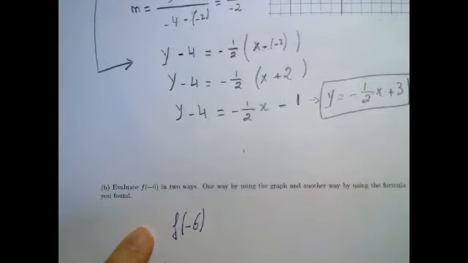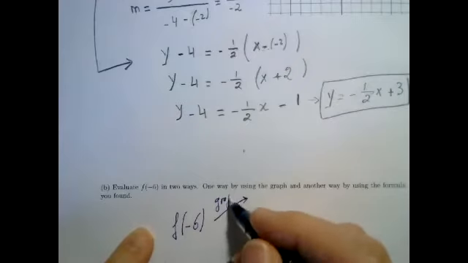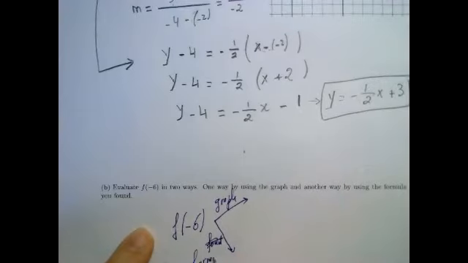I want it to be done in 2 ways. One, using the graph, and one using the formula I found. And I should get the same answer. If I don't get the same answer, it means something is, of course, wrong, because this formula represents the graph.